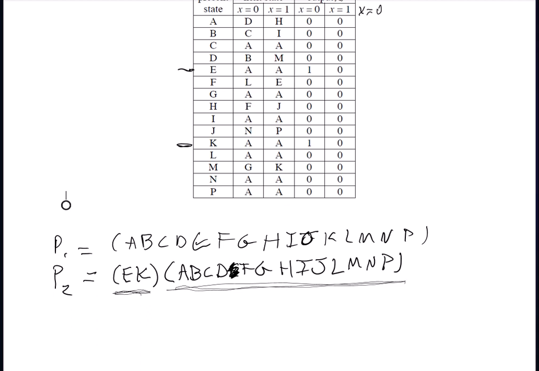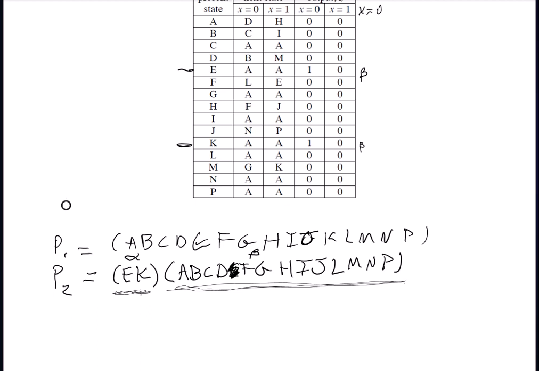I will label this partition alpha and this partition beta. For E, when x is 0, the next state is A. A is in partition beta. Now let's look at K. When x is 0, the next state is A, and A is in partition beta. So there's no difference there.